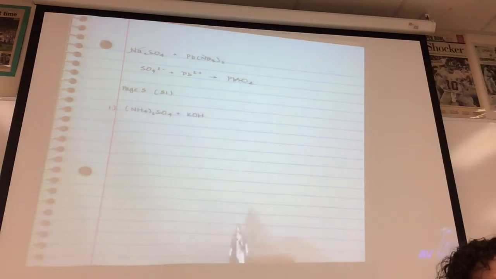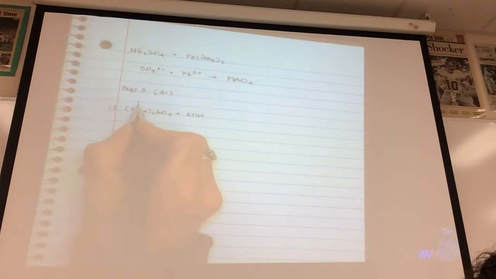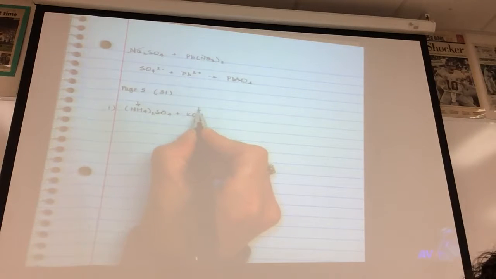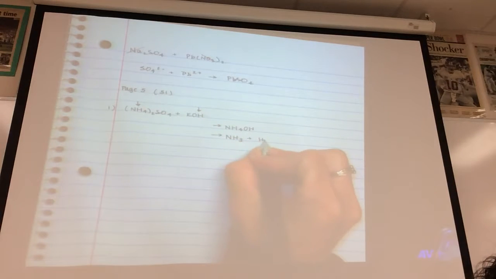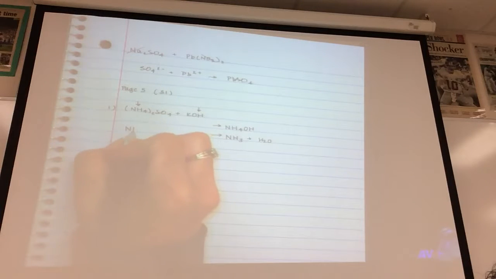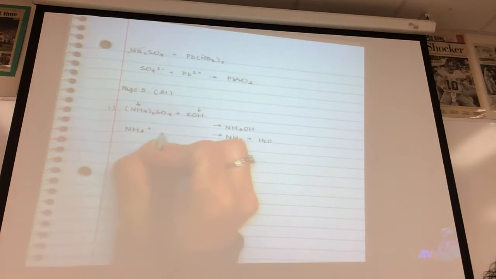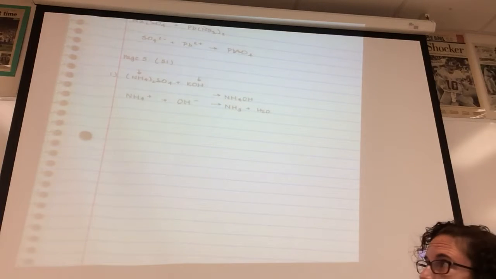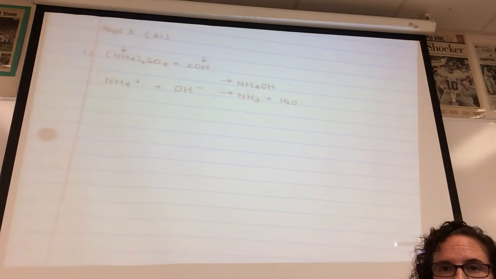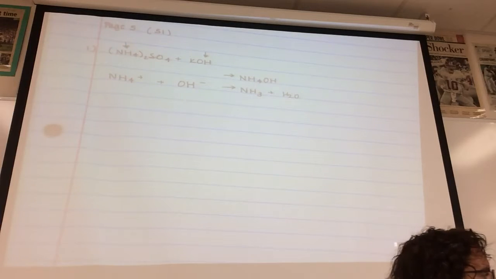Very often with the ammonium, you dump it. But if you see ammonium ion here and hydroxide ion here, you are making ammonium hydroxide. Ammonium hydroxide rapidly decomposes to ammonia and what? Water. And so all you're going after here is ammonium ion and hydroxide ion. And they usually come out balanced from the get-go, which is nice.